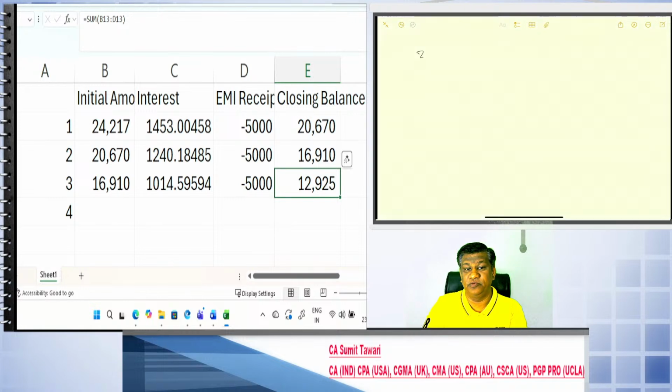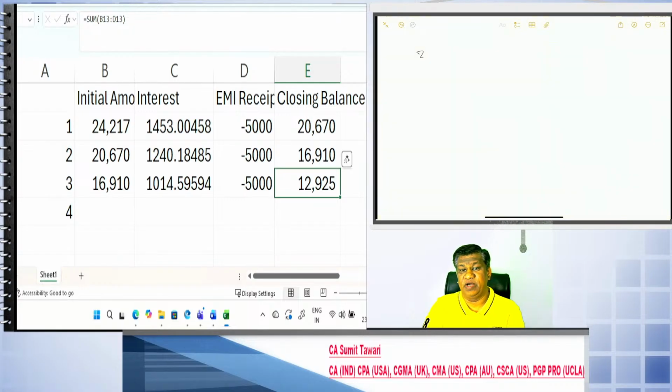If I gave 24217 as finance, charging interest at 6%, and getting 5,000 as EMI in the first 3 years, and in the fourth year 5,000 plus 8,700, which is the terminal value, then the closing balance at the end of the first year is 2670, at the end of the second year 16910, at the end of the third year 12925, and once I get the 13,700, it is zero, the balance is clear.